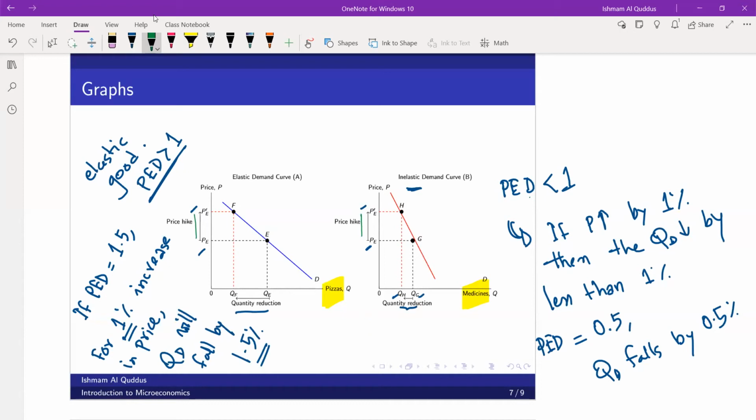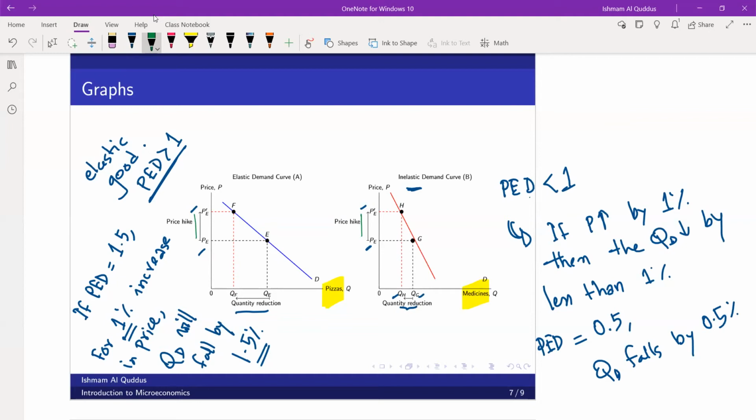That is, if you have to cut your consumption, or in other words reduce your quantity demanded, which one would be greater? Do you think that you would stop buying medicines, or you would rather reduce the number of pizzas you buy in a month, let's say? So you can ask yourself these sorts of questions and figure this out.